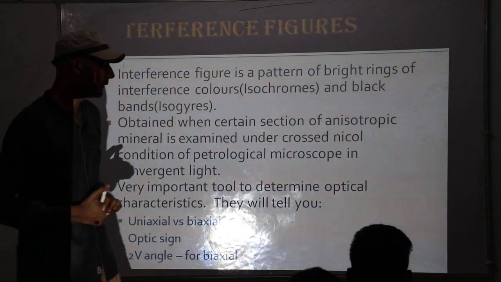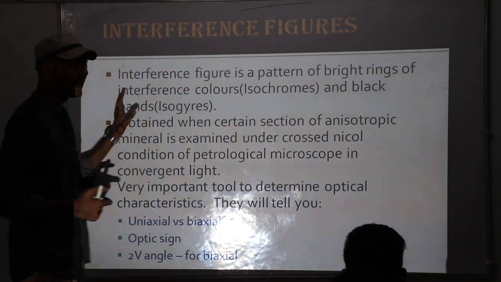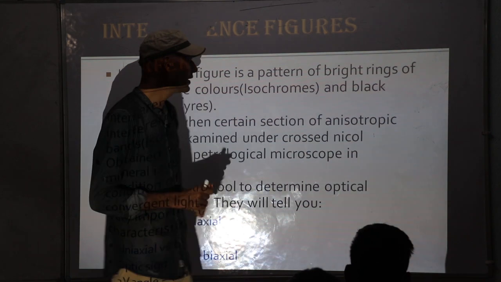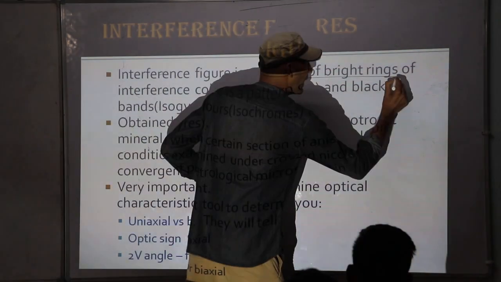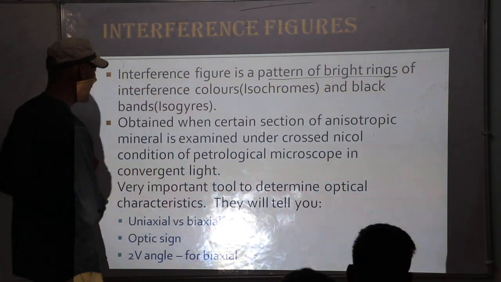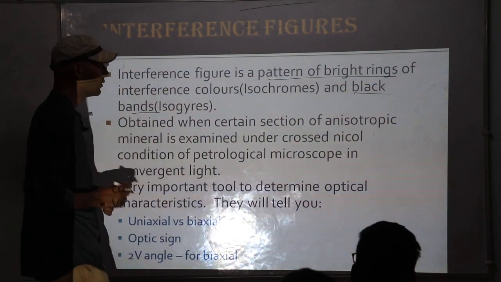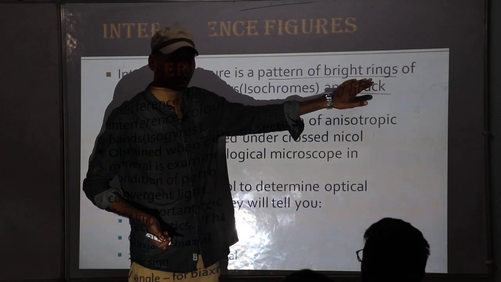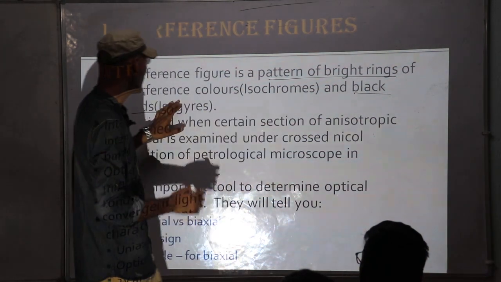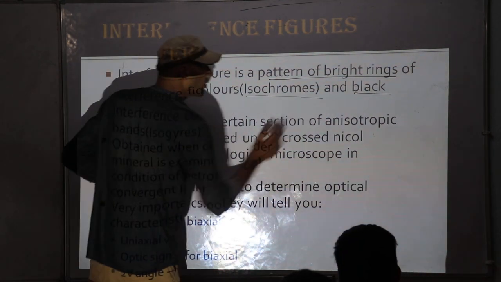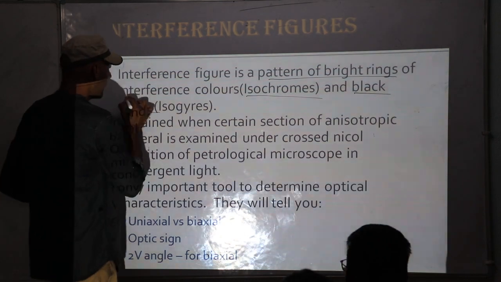What is an interference figure? The figure is a pattern of bright rings and dark bands. You can see here, a pattern of bright rings and dark bands. So what are the bright rings? Bright rings are isochromes. They are formed due to interference.